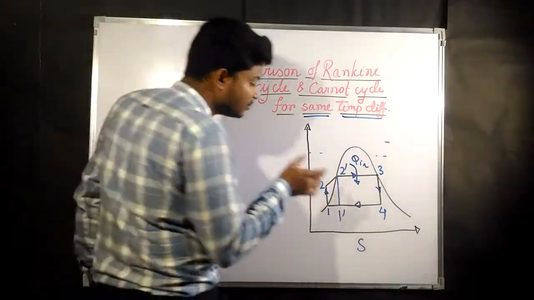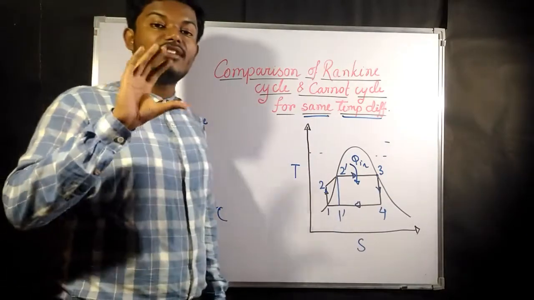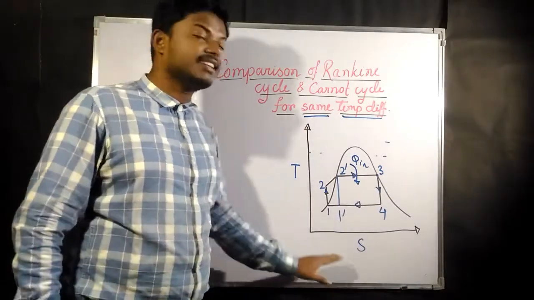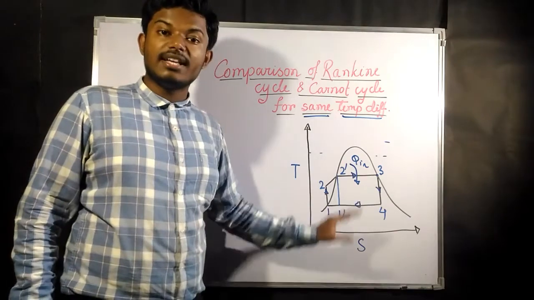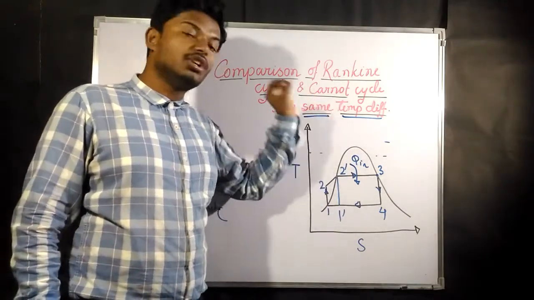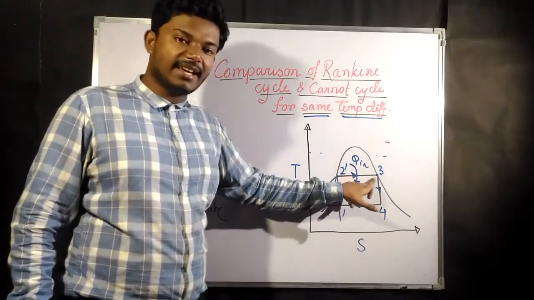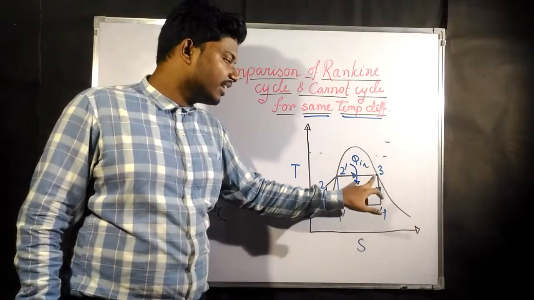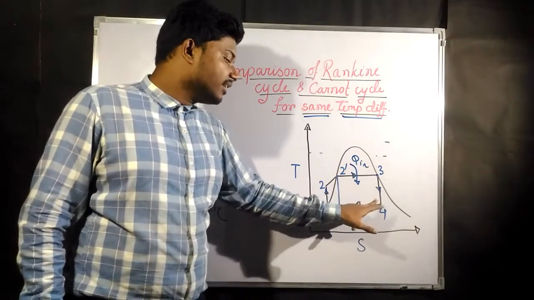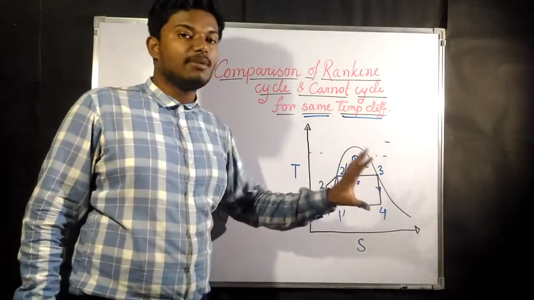Now as you can see, 3 and 4 are coinciding. The points 3 and 4 are coinciding inside the TS diagram. That means all the values of enthalpy, specific volume, entropy, everything is going to be the same for point 3 in the Rankine cycle and point 3 in the Carnot cycle, and all the values will be the same for point 4 in the Carnot cycle and point 4 in the Rankine cycle.